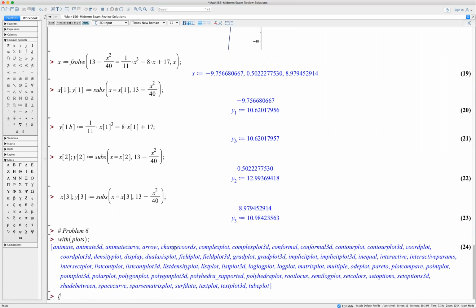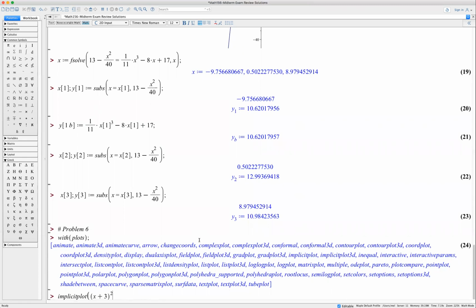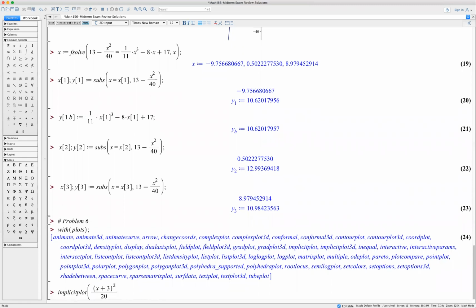So I just want to plot the first curve to make sure I can make this work. This is x plus 3 squared divided by 20 plus y plus 4 squared divided by 80 equals 1.